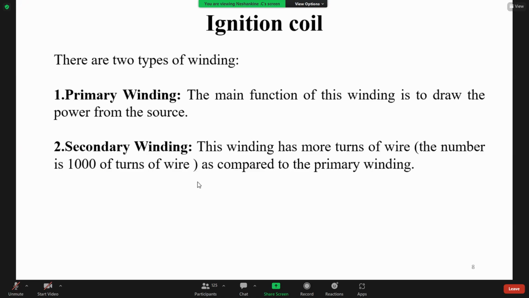Then the secondary winding has more turns of wire than the primary winding. Here the number of turns of wire is near 1000, higher than the primary winding. Understood? Yes. Quickly note it down.